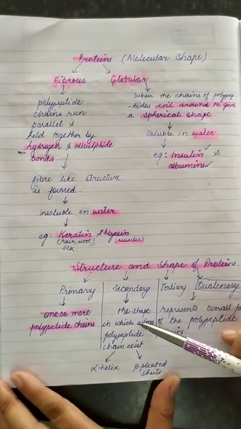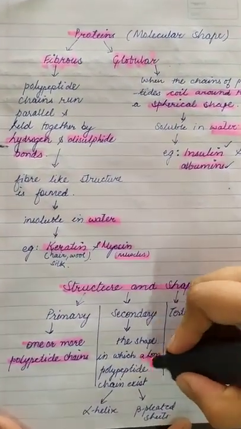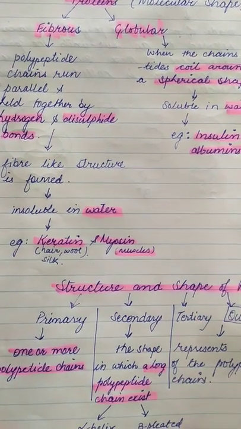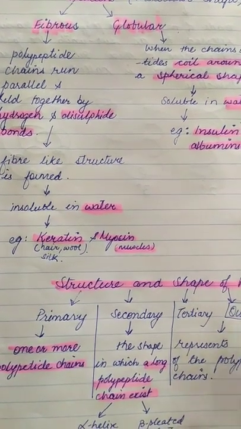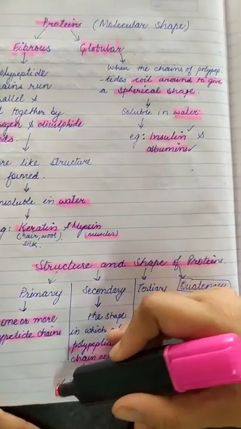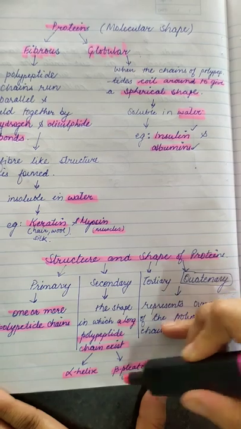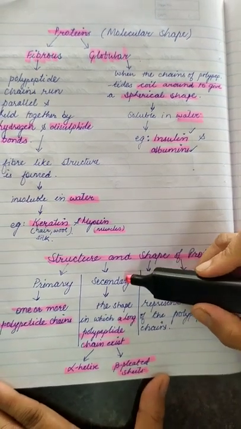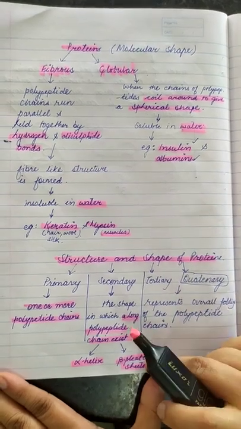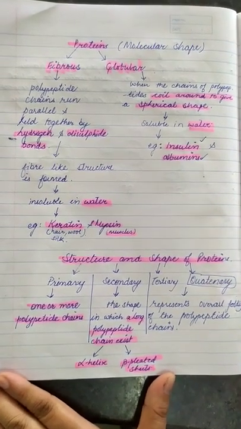Secondary is the shape in which a long polypeptide chain exists. These are the main words which I am highlighting. You need to write them in the answer sheets, otherwise you will not get the marks. There are two types, alpha helix and beta pleated sheets. It is always asked in the exam what is alpha helix.